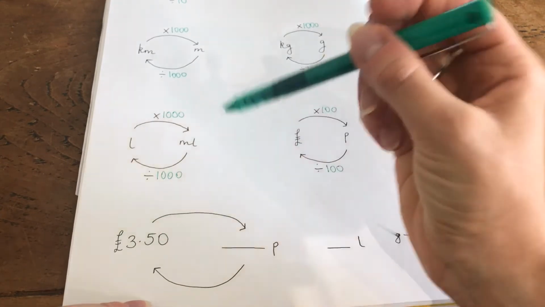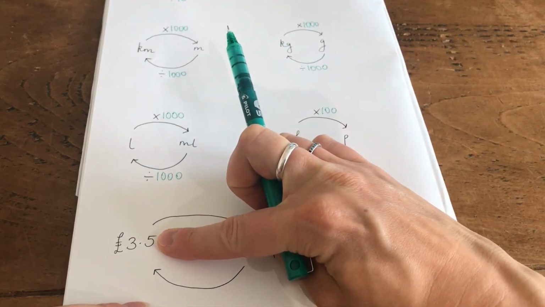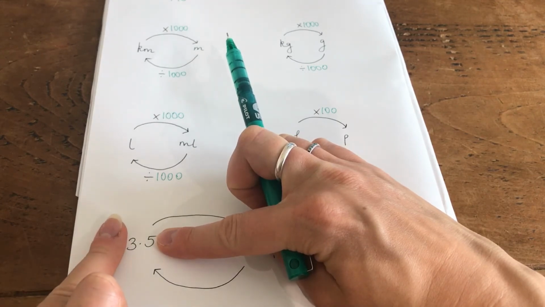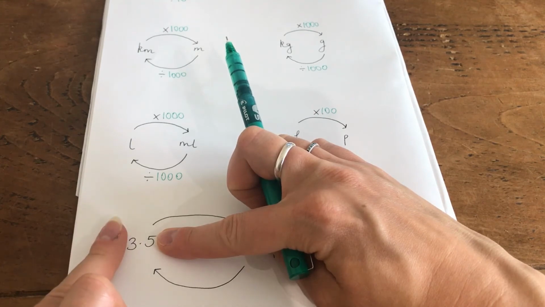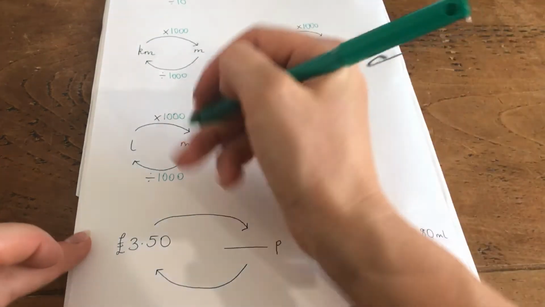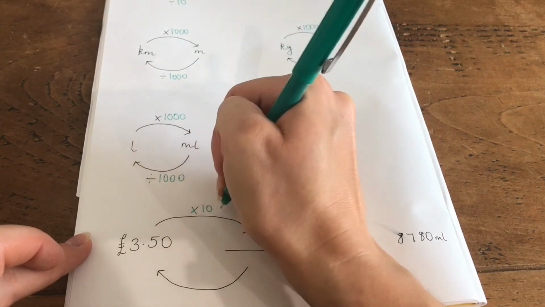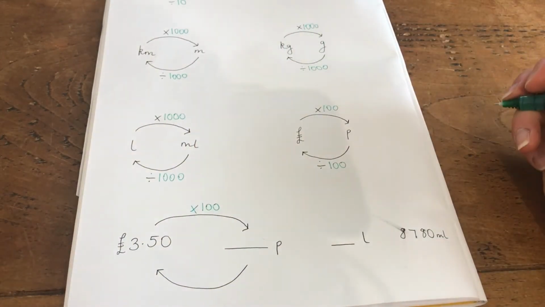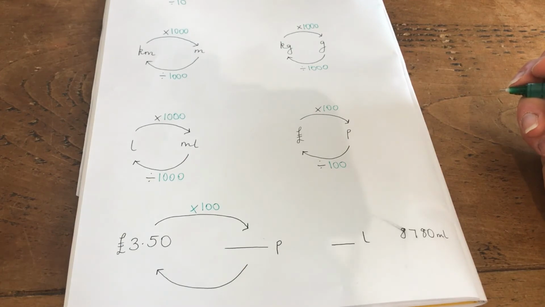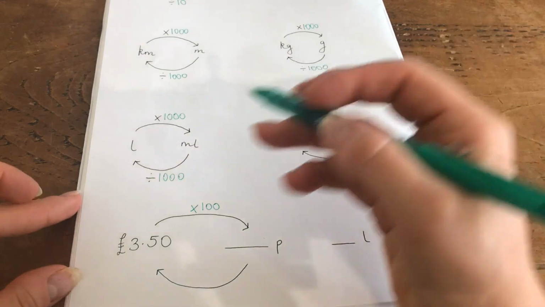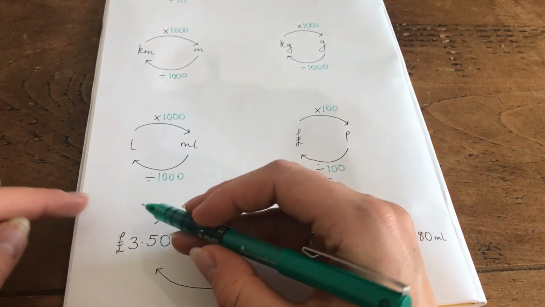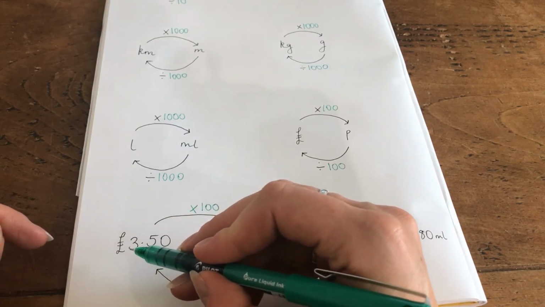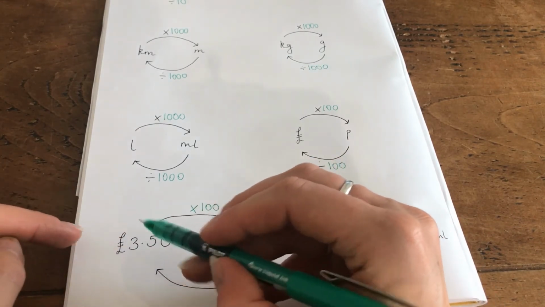Just because this is written in money doesn't make it any different to any other decimal. It's just 3.5, and it happens to be pounds. 3.5, and we're timesing by 100. If you want to use the website to work these out, or your little digit cards if you made those, you can do that. But if you just want to imagine, timesing by 100 moves it up the place value chart 2 times, because it gets 10 times bigger, 10 times bigger.